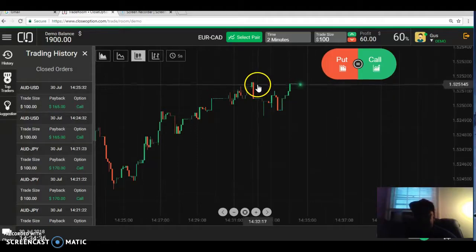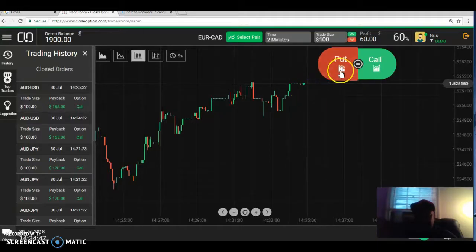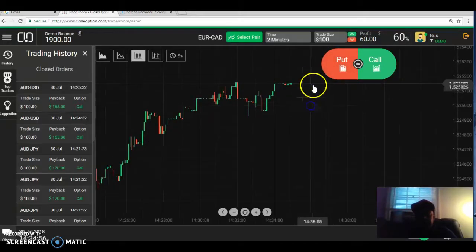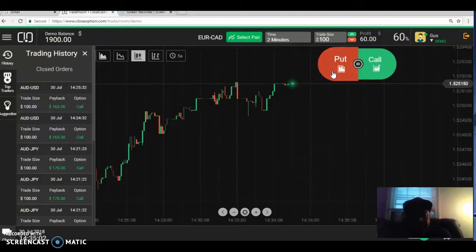It may actually break this level of resistance and shoot higher, so I want to make sure I see some slight signal that it's going to head downward, and it's looking pretty good. So I'm going to sit on this currency for a second and wait for a bearish candle, and then I'm going to hit a put trade.